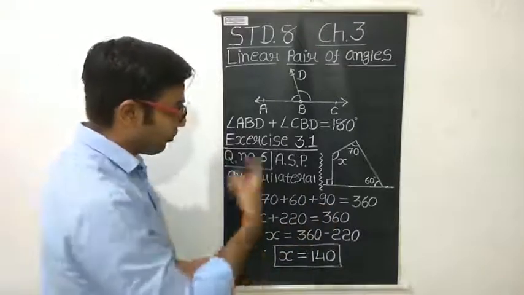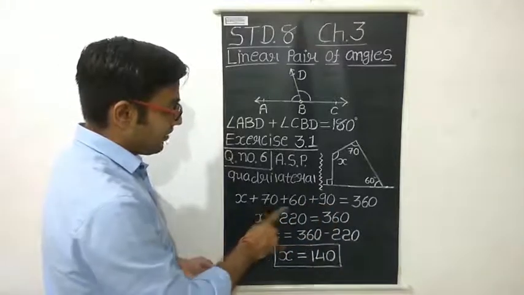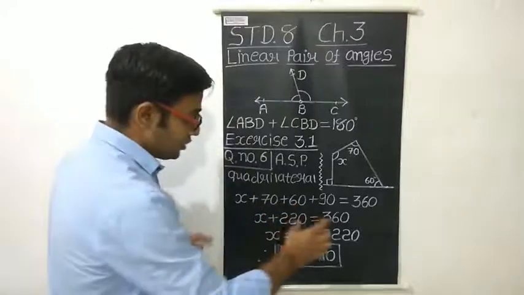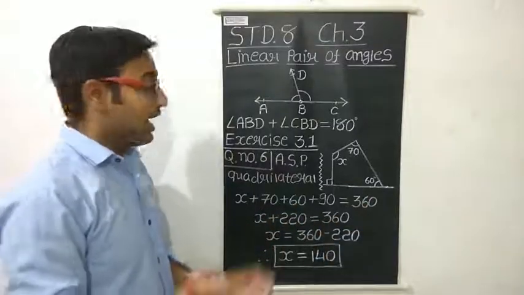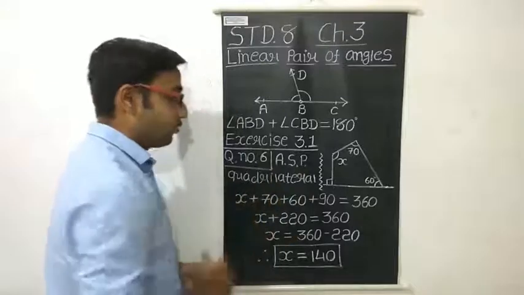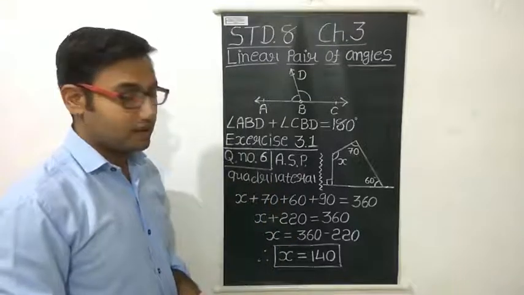Now we have all four angles: x, 70, 60 and 90, and the addition of all must be 360 degrees according to the angle sum property of the quadrilateral. Correct?